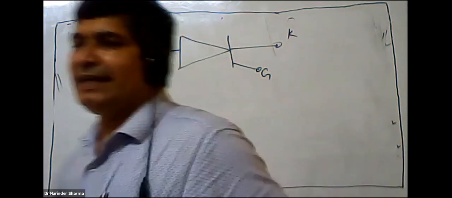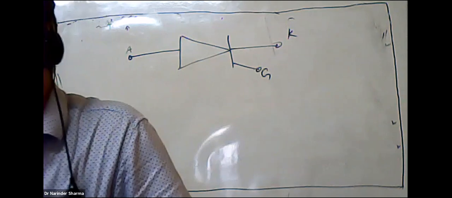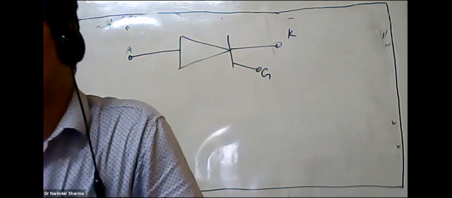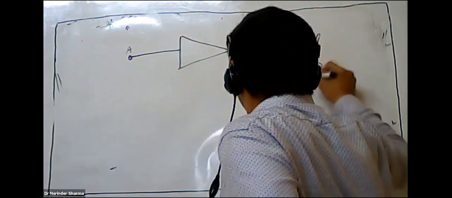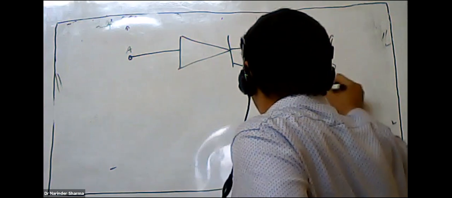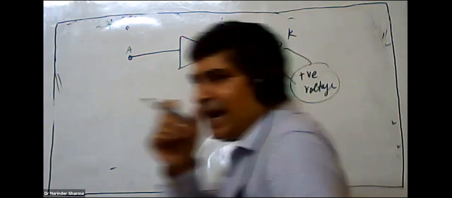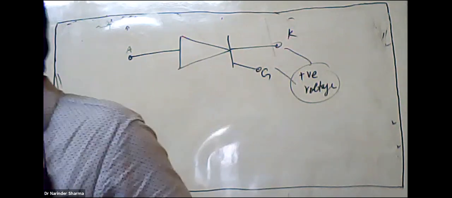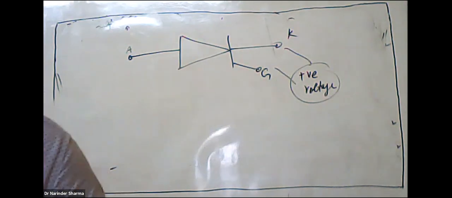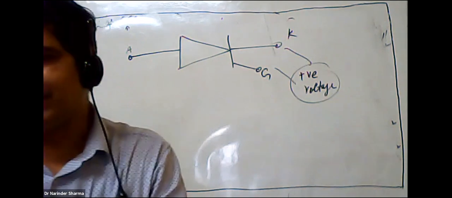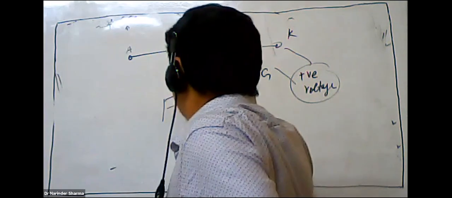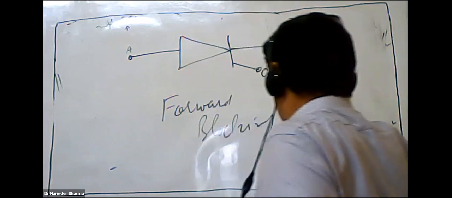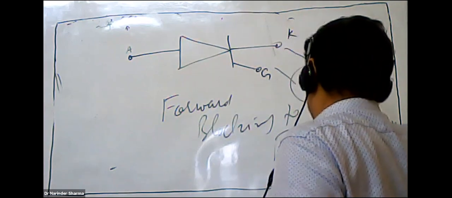If I apply positive voltage between gate and cathode, it still takes some transition time to go from forward blocking mode to forward conduction mode. So some transition period is required.